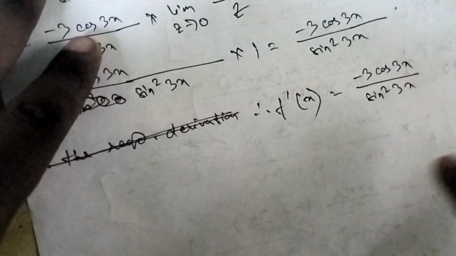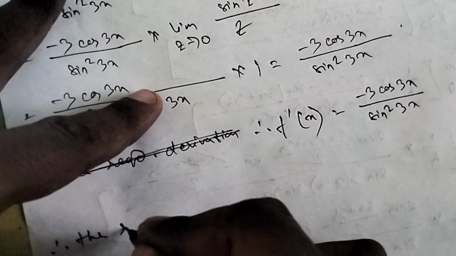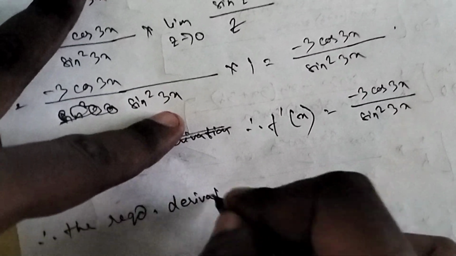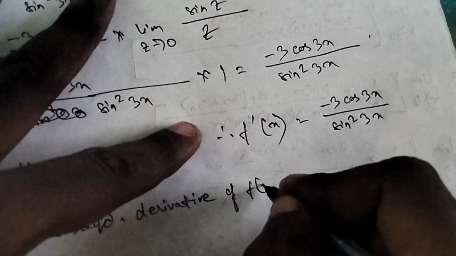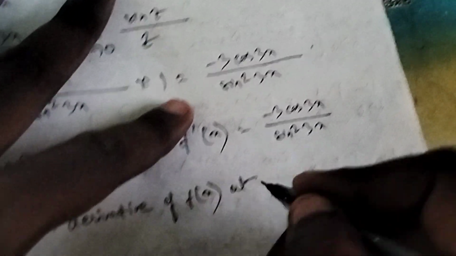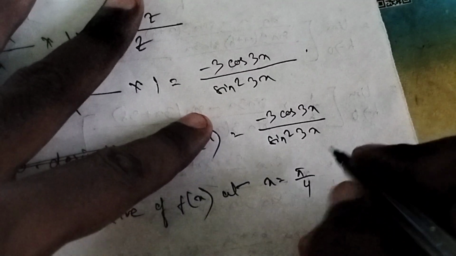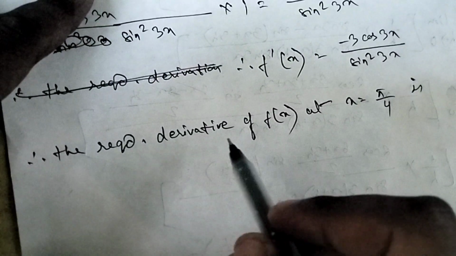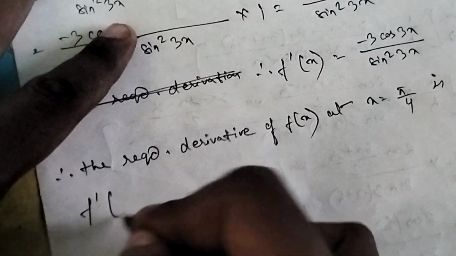Okay, so now therefore the required derivative of fx at x is equal to pi by 4 is f dash pi by 4.